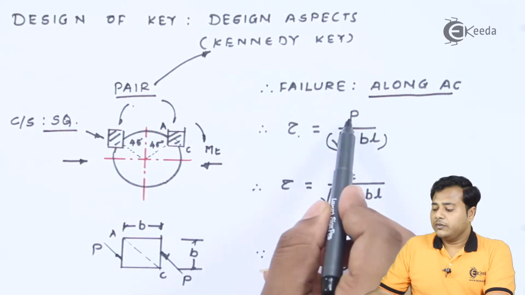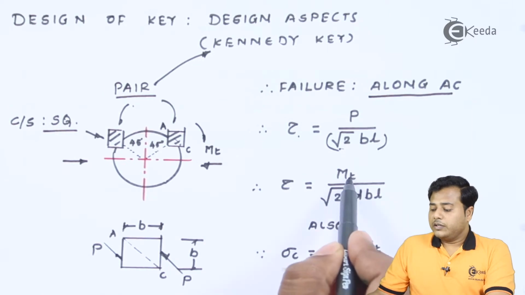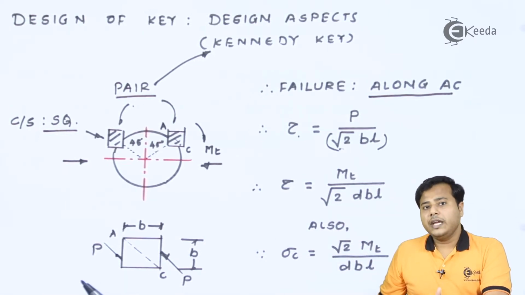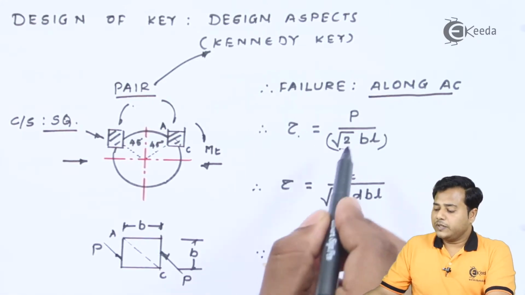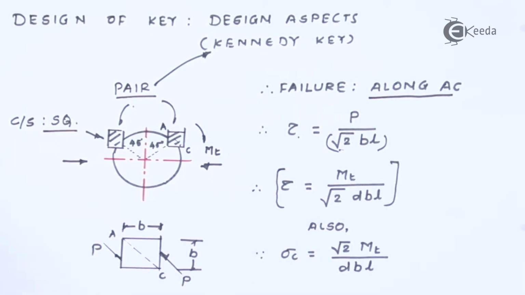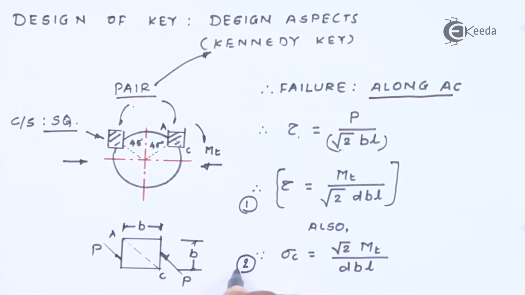Now converting it to the torsion or the torque, which is very simple, force into the area or force into the length at which it is subjected, and that's why this formula is converted to this one. Also we are going to consider the compression. In that case this formula is converted in this manner, considering the force again, and that's a part of the derivation. So formulas 1 and 2 are prominently used for this particular adjustment.